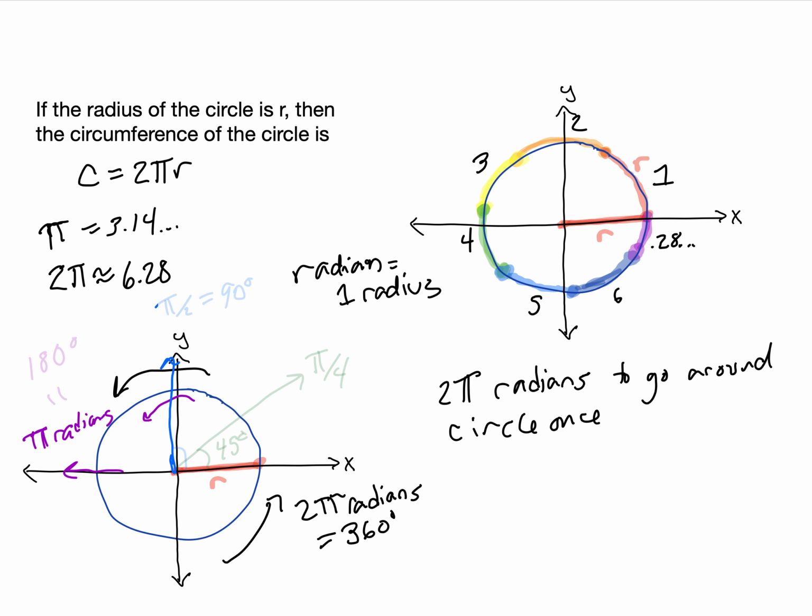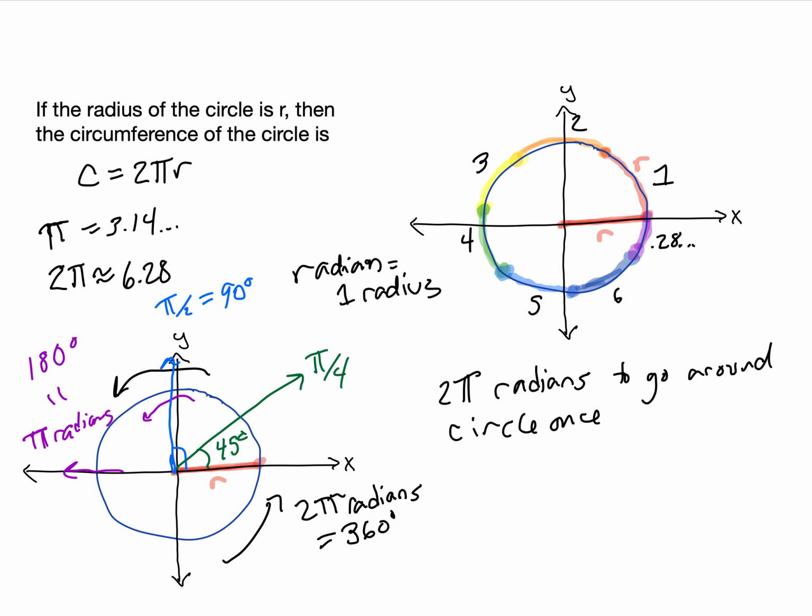And going an eighth of the way around the circle would be pi over 4 radians, or 45 degrees. So we had pi over 2 radians is 90 degrees, and pi radians is 180 degrees.